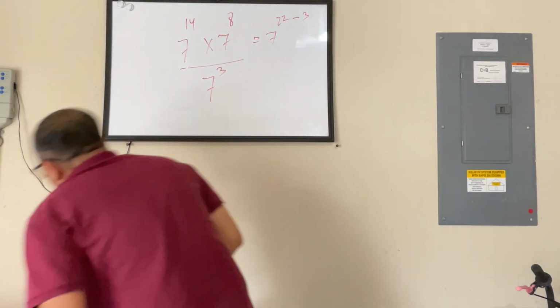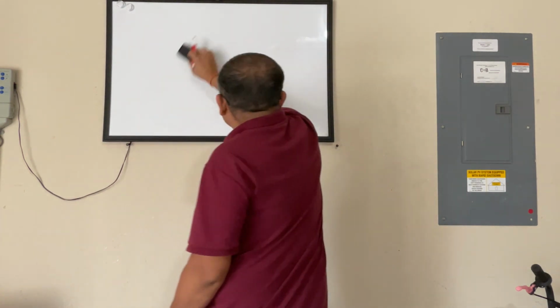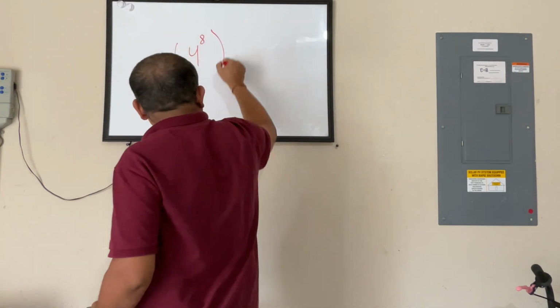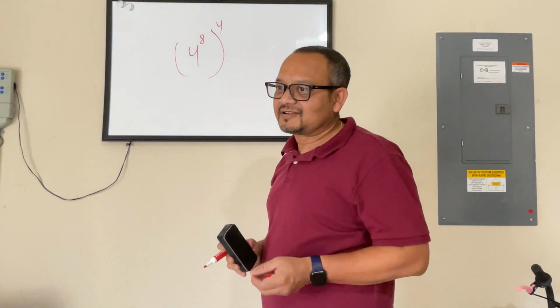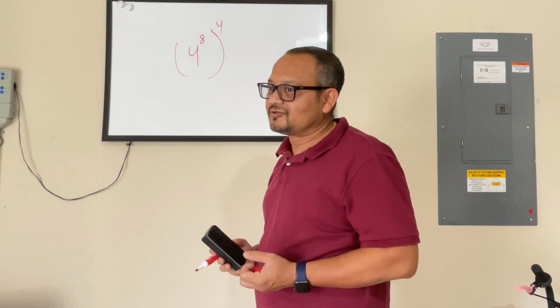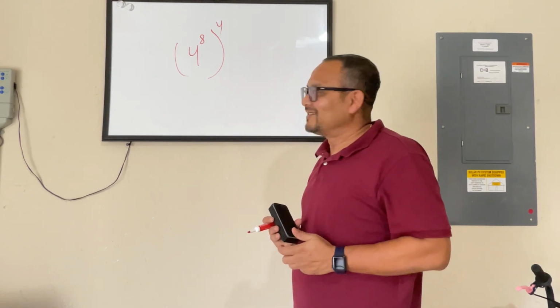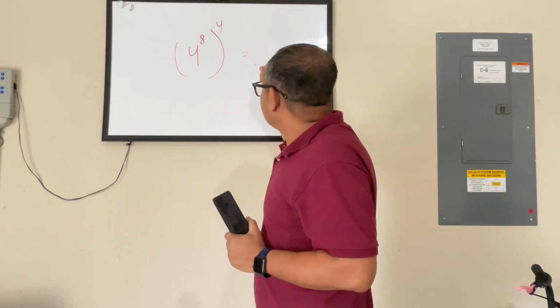But let's see the next level of this. If I have 4 to the power 8 all raised to the power 4, what does that become? Do you multiply the exponents? Yes, you need to. I'm just making you think, that's all. I know you have done it 100 times. What will be the answer here?